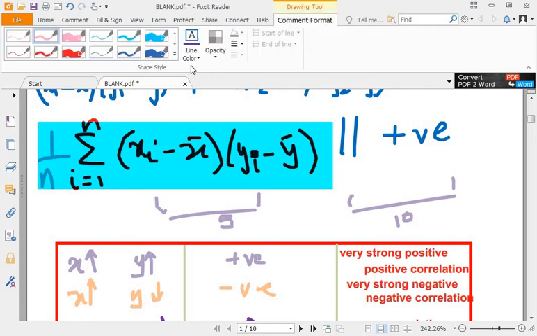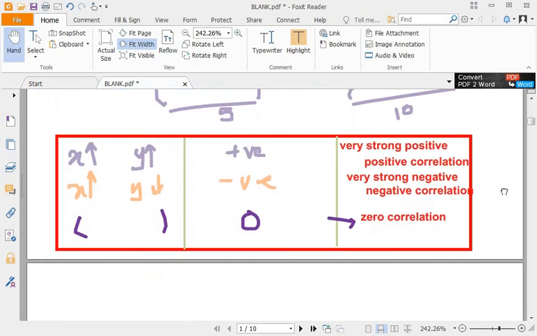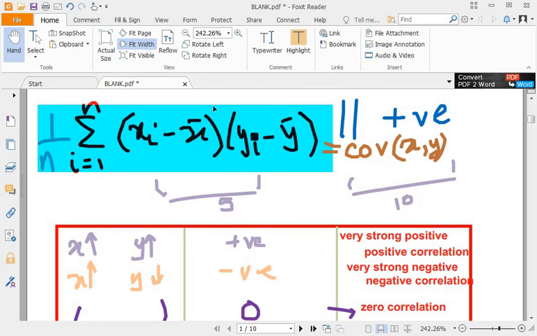In fact, this can be represented as the covariance between two variables. We represent it as cov, the covariance of the two variables x and y. This covariance allows us to give a much preliminary idea of how the correlation coefficient will work.